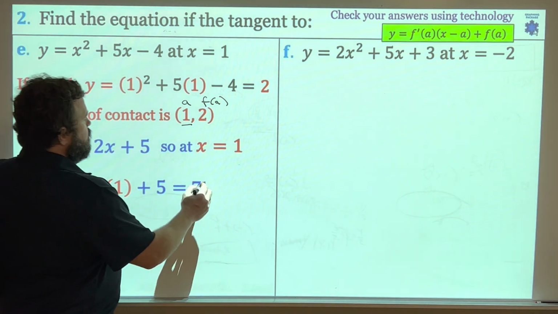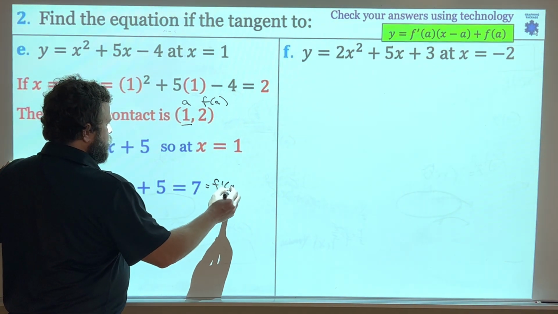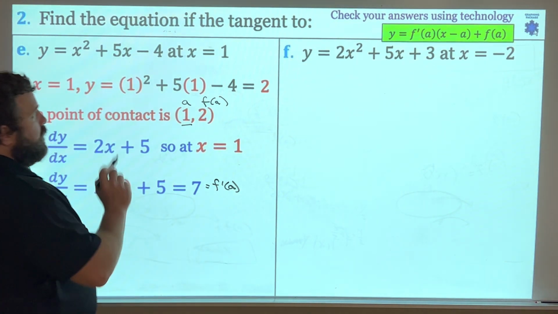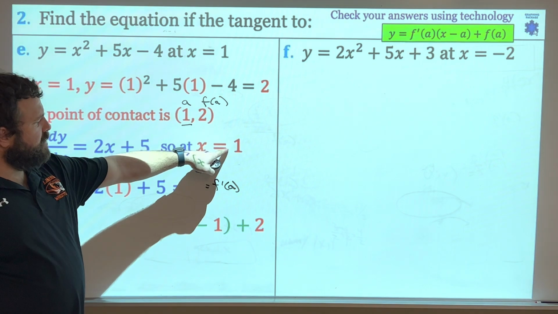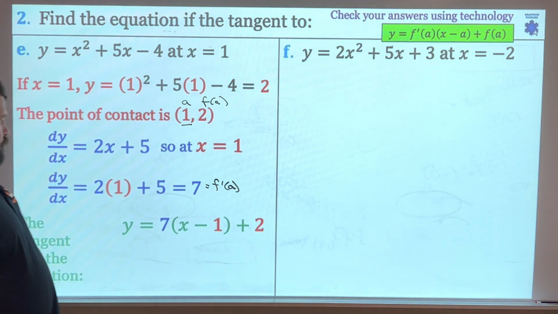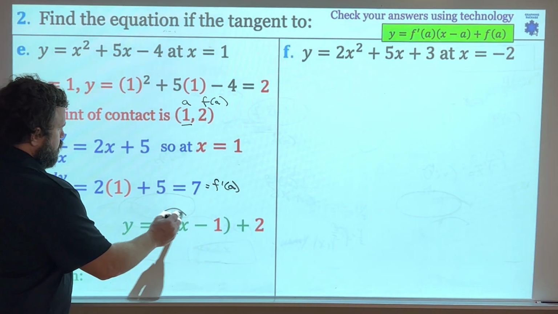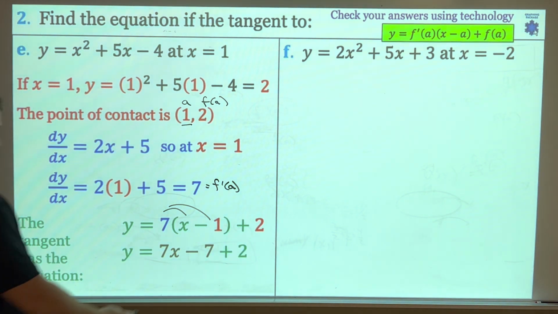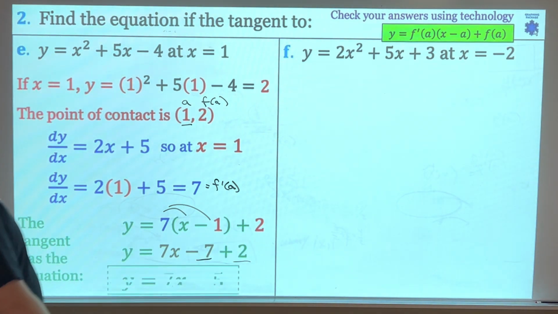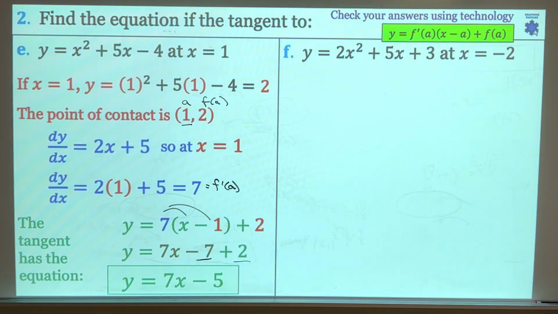My 7 is my f prime a. Type them into the equation. So the tangent line has the equation 7 times x minus 1 plus 2. 7x minus 7 plus 2. Negative 7 plus 2 is negative 5, so 7x minus 5. Okay.